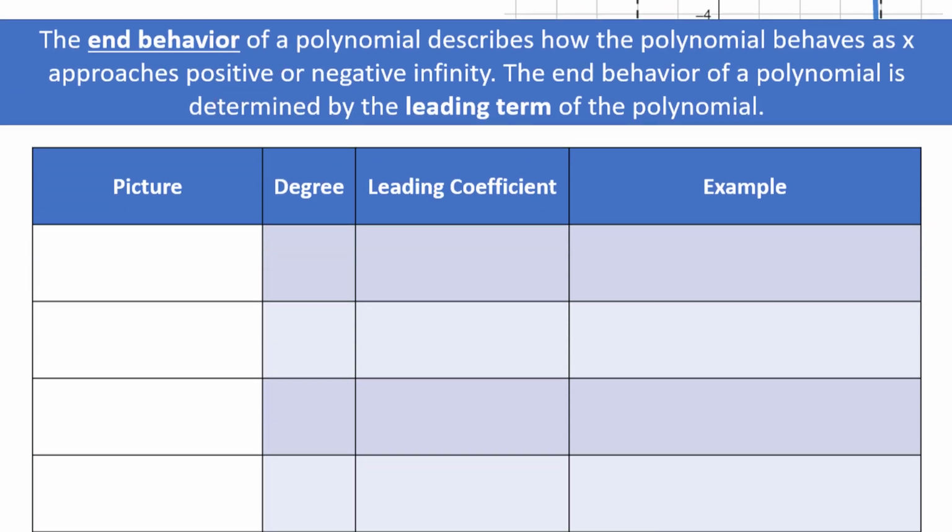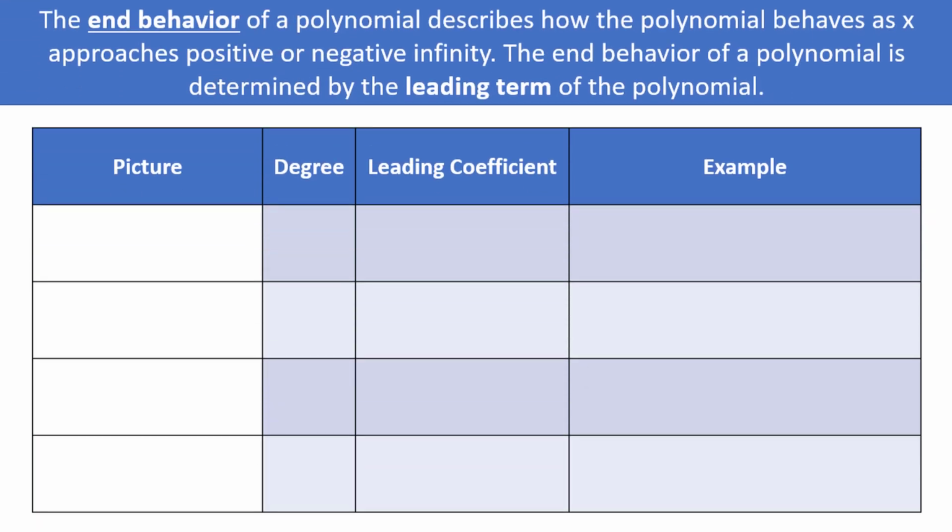Now you may recall that when we had polynomials, there were basically 4 cases of what we called end behavior, meaning 4 different options for what the function could do as we approached negative and positive infinity. The end behavior of a polynomial is determined by the leading term, meaning the term with the highest degree. For even degree polynomials with a positive leading coefficient, we approach positive infinity in both directions.